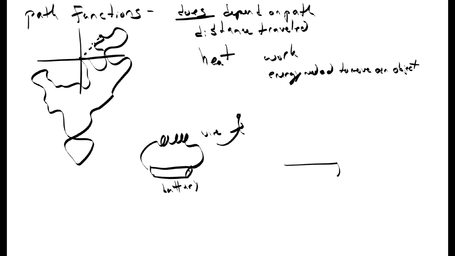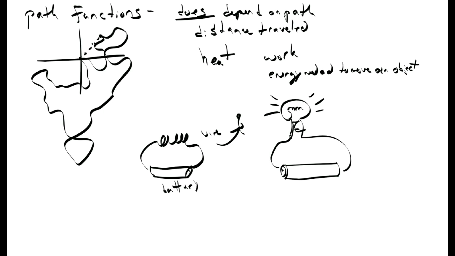Whereas, you take the same battery, you hook it up to, say, let's call it a light bulb. Okay. The light bulb shines, and what happens? Well, the battery will still run itself out. It will release some energy as heat, but it's also doing some chemical work to get that light to shine.